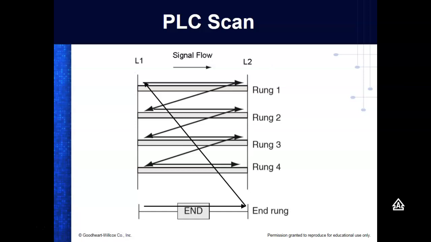This is a typical scan. The first thing we do, number one, is we read inputs. We run the logic in the ladder, in the rung, and then it updates outputs. And then what does it do?